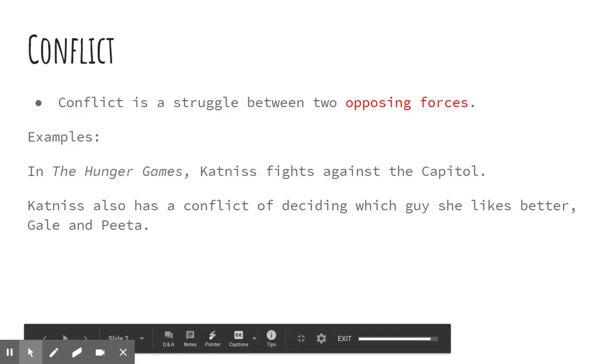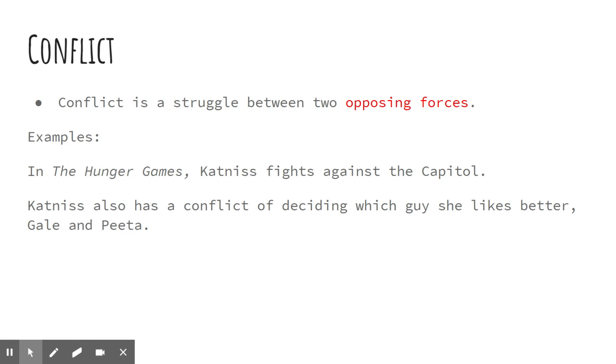So back to the presentation. We've already talked about conflict just a little bit, and conflict is basically the struggle between two opposing forces. Super important that you remember that it's forces, because it's not always a person versus person situation.